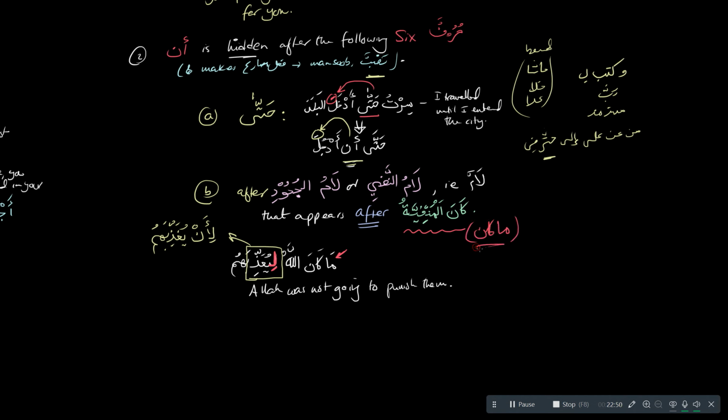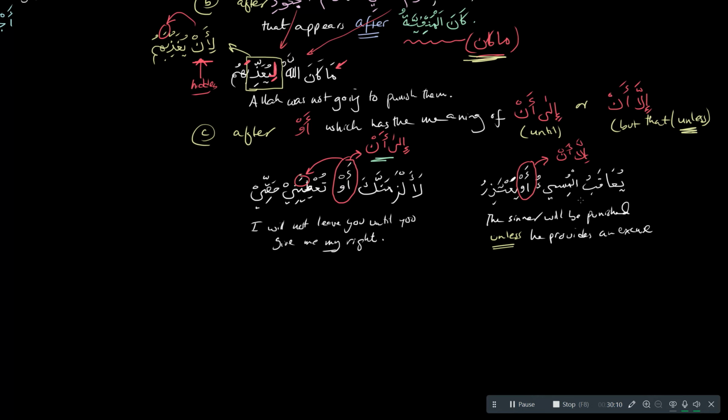In this case, this word يعتذر, the أو here is in the meaning of إلا أن, except that. يعاقب المسيء أو يعتذر, the sinner will be punished unless he apologizes. So this أو stands for إلا أن.